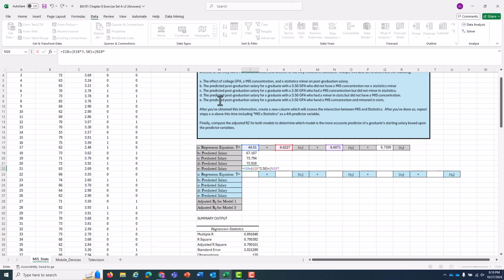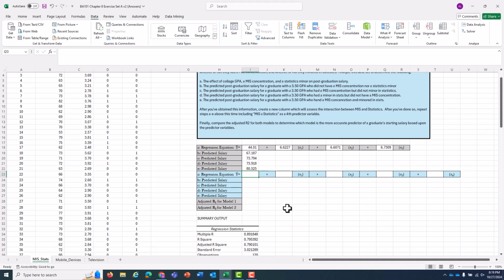And in E over here, they have both of them, so this will be a 1 because they do have the MIS concentration. And then in the last set of parentheses, we're going to add in the slope or the coefficient for our stats minor. They also minor in stats, so that would also be a 1. And that comes out to be 80.525. So significant increase in earnings for having that particular setup than having one or the other.